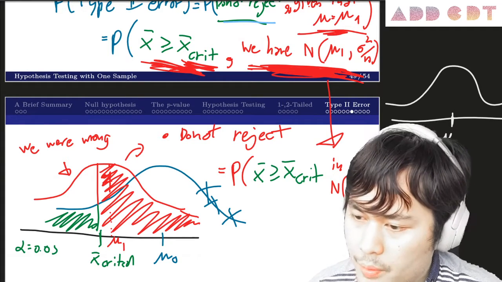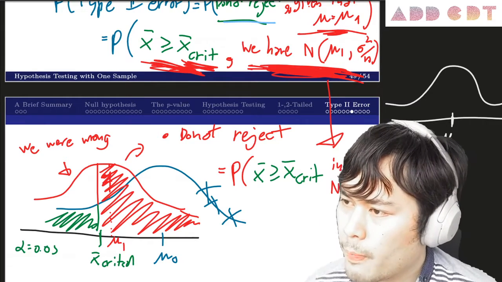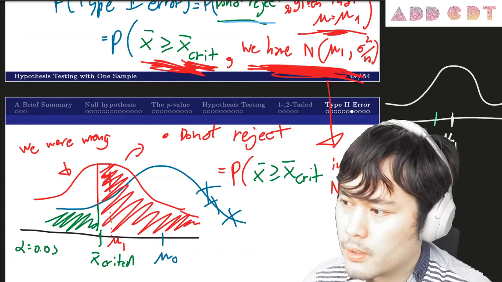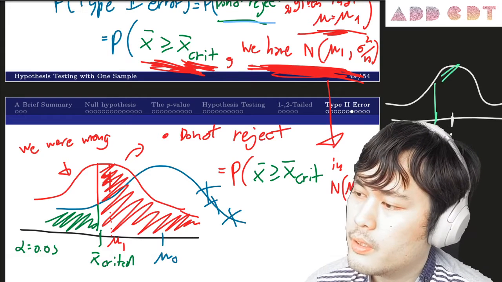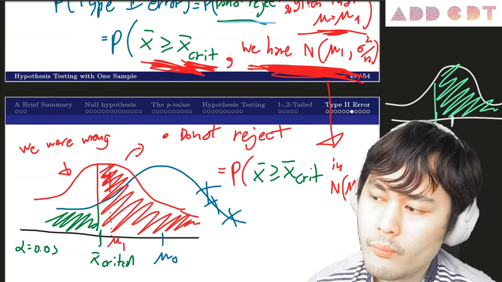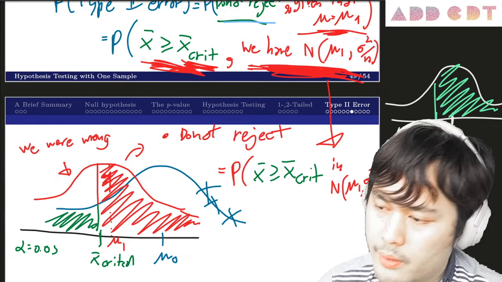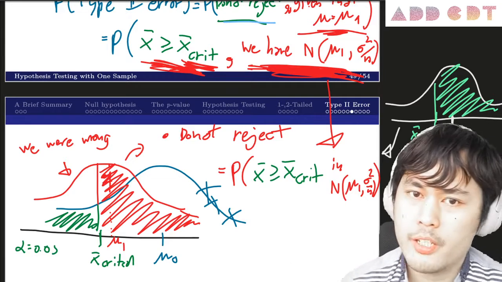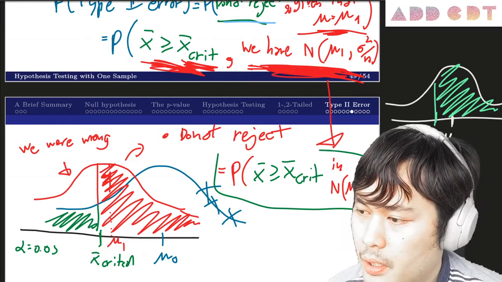If we have mu1 here, and we have x bar critical here, then that area is going to be that probability, the area all the way to the left of that point. And actually that already suffices.